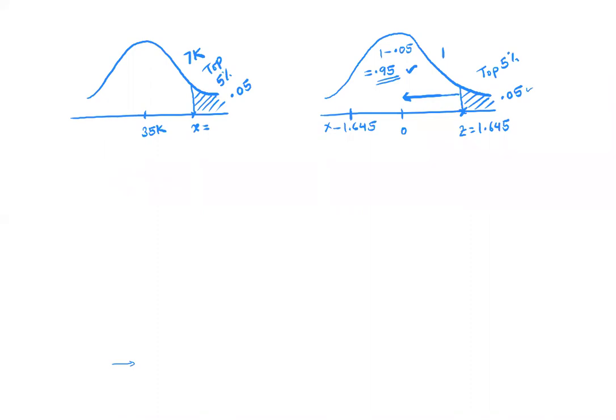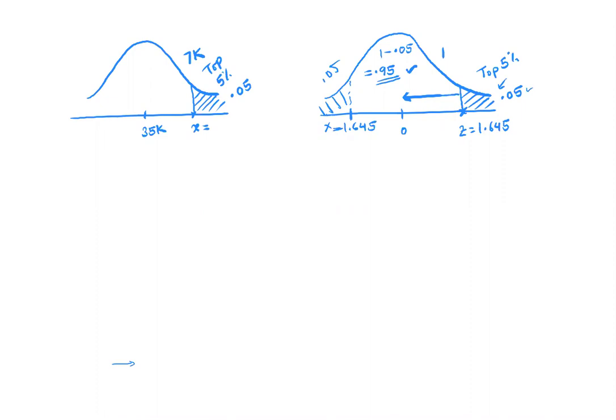Now, here is the thing. You can do it this way, but another thing you could think of is this. The area to the left here is 0.05, and the area to the right is 0.05. This is negative 1.645, and normal distribution is symmetric, meaning left is a mirror image of the right.